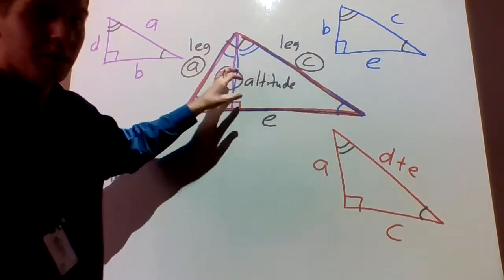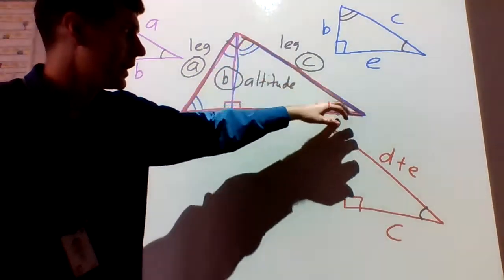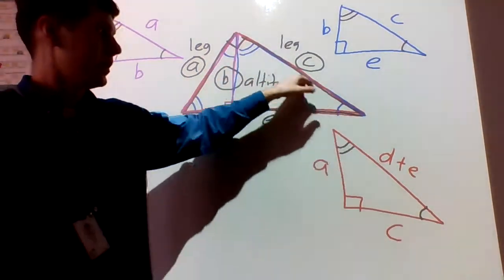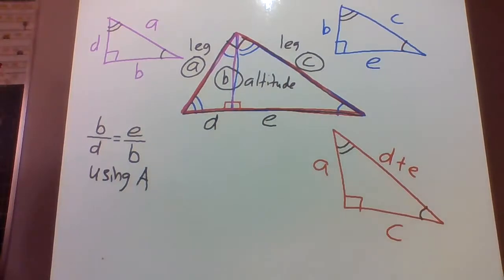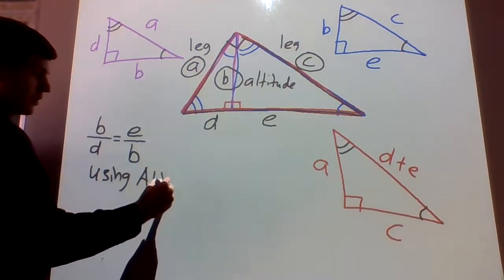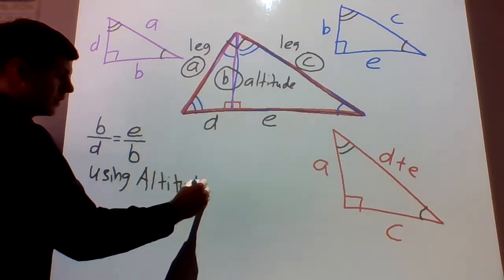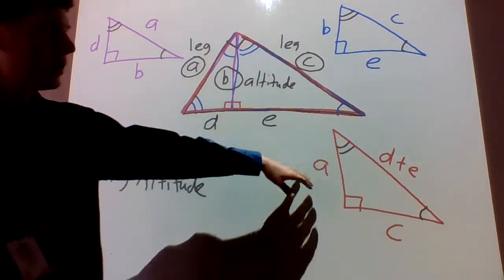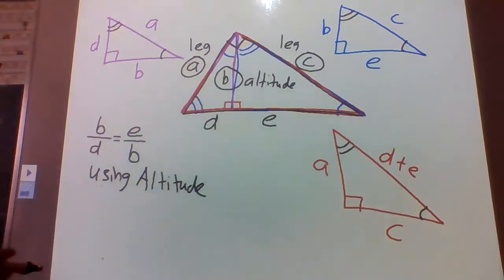B is part of the two small ones, and C is part of the big one and the small one on the right. Okay, so A, B, and C. B is the altitude. So if you're using altitude, you can draw the three triangles out if you want to. Okay, but that's pretty tedious. So we can follow the simple rules here.